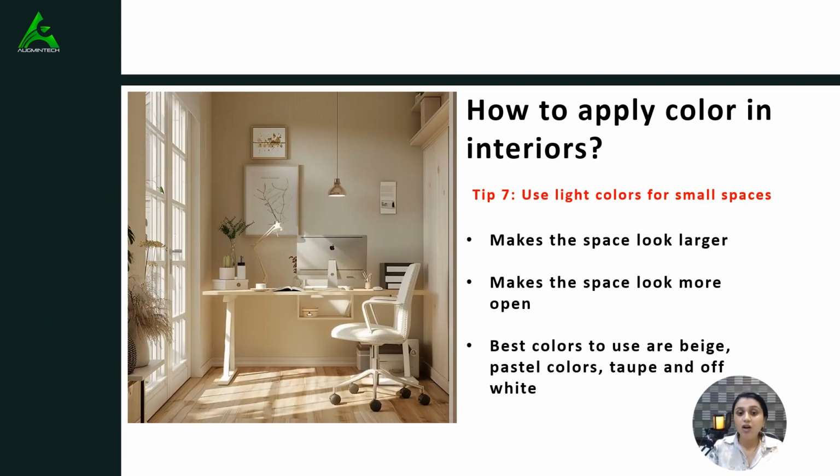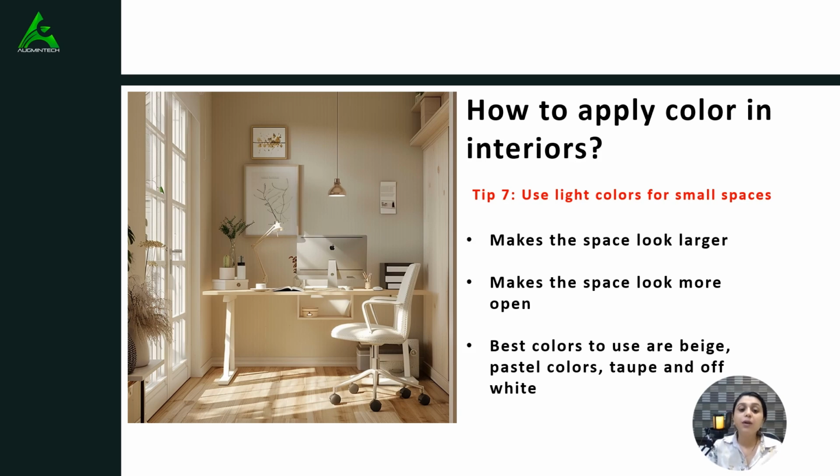Now, think of a space like this. Here we have added very minimal elements, but the purpose of showing you this is, since this has a color scheme of beige and whites, it automatically feels like a larger space. If you look at this, the table size is as much as the room size, so we simply know that this is a very small area.